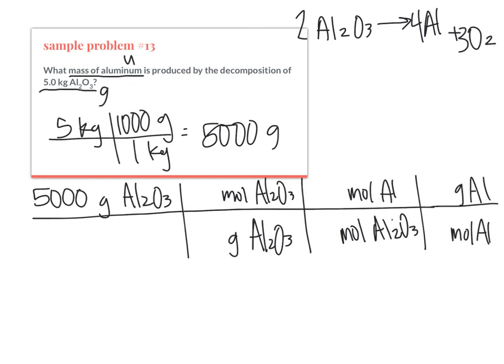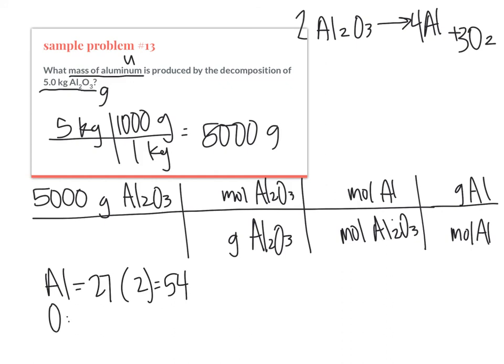Okay? So to find the molar mass of aluminum oxide, oxygen, as we know, is 16. Aluminum is 27. So aluminum equals 27 times 2 is 54.